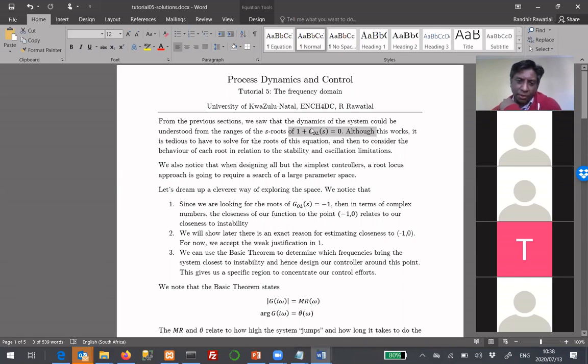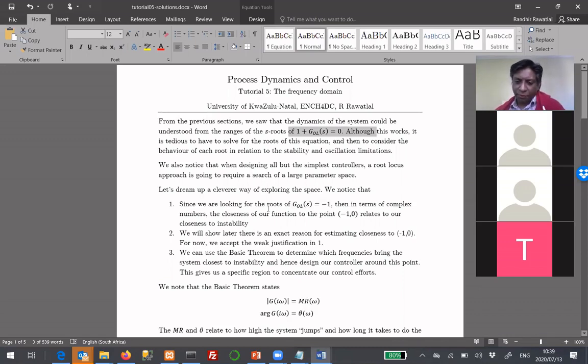So we know that the roots are going to reside where the open loop function equals -1, right? So from this, we can see that when we are close to -1, then we are starting to detect a possible instability. And we are going to look at this more rigorously in the materials.